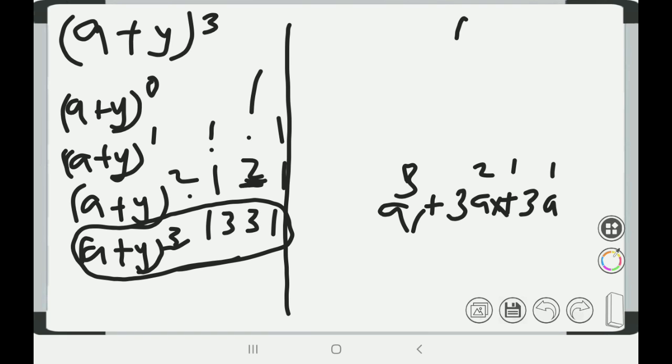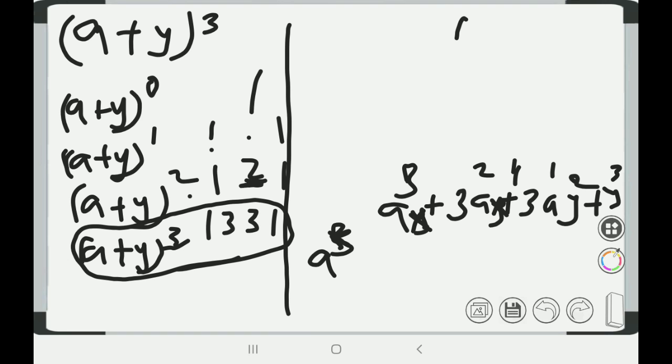Then we have here y, so that is fine, and then y, then we have the last one should be plus y raised to 3, so y 2, then y 1 here, we have no y here, so it should be a raised to 3.